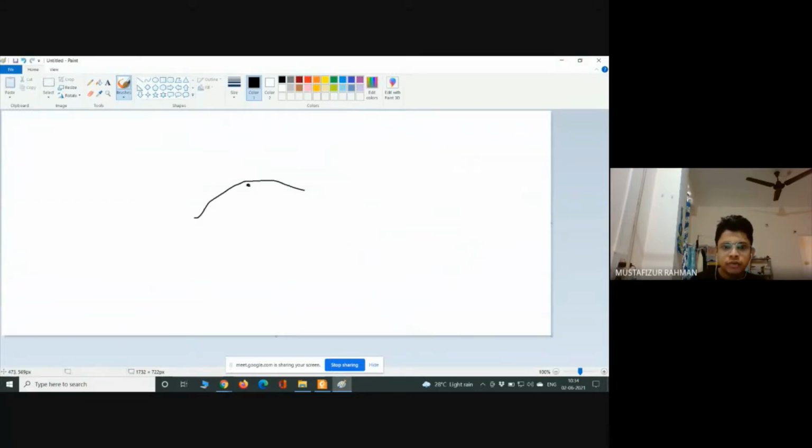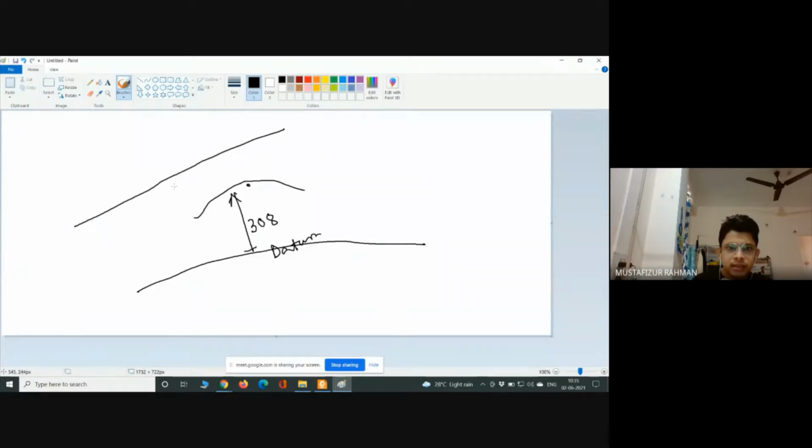The RL here from the datum. This is datum. So this is 308 meter. And the line of sight is passing through like this, right? So this is 311 meters. So the line of sight is clear of the ground. So there is no obstruction.